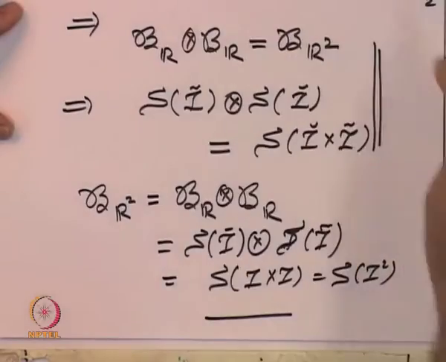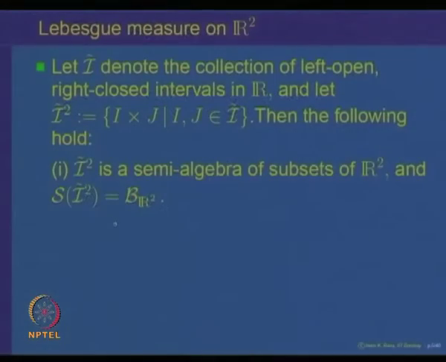So, that completes the proof of the fact that the sigma algebra generated by rectangles which are left open right closed intervals is the same as the Borel sigma algebra of R 2. So, that is one observation. It is very much similar to the result on the real line, where the left open right closed intervals generated the sigma algebra of Borel subsets.